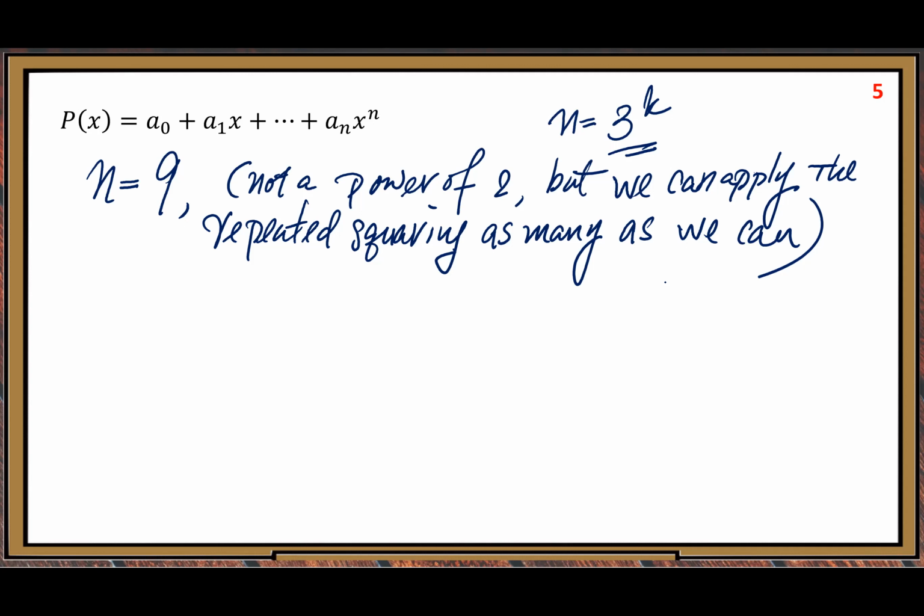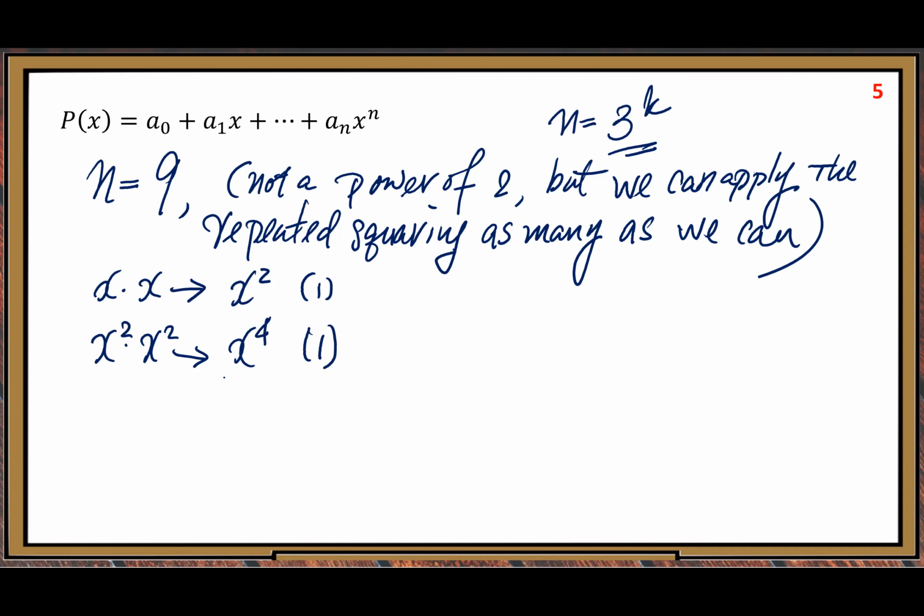So let's try it. x times x, the first multiplication, we get x squared. Next, x squared times x squared, the second multiplication, we get x to the 4th.